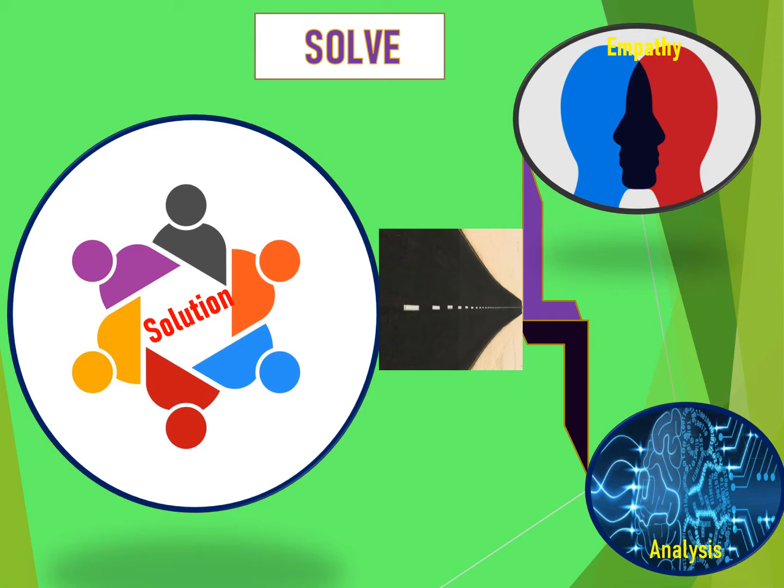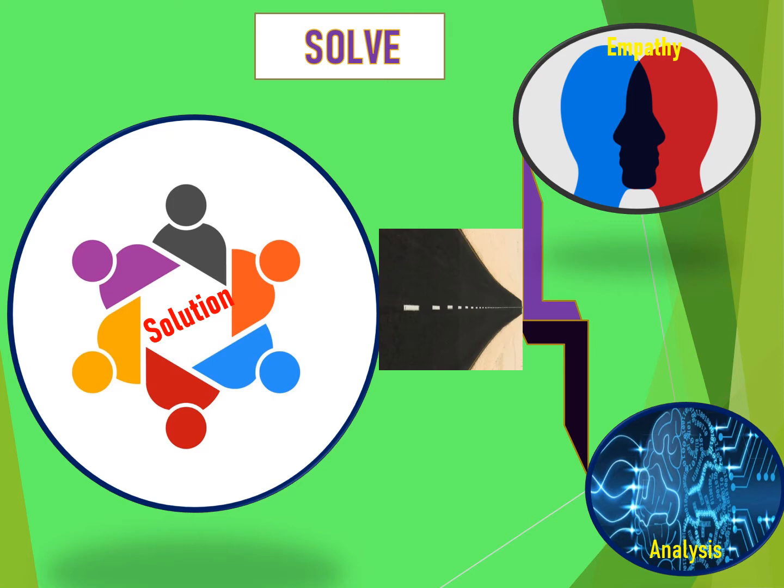In the first stage, we got into the shoes of the persons whom we are trying to help, that is empathize. Then we tried keen observation and interview techniques so that we were able to know what they are going through.